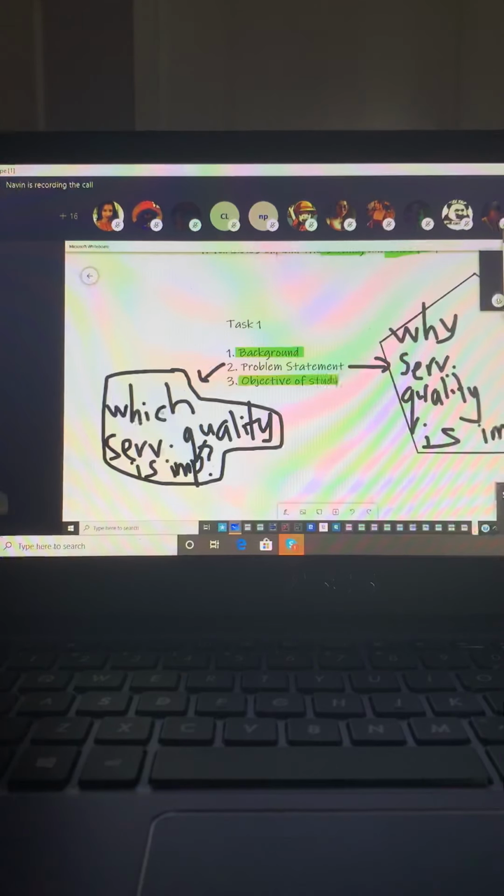So among the 5, which one is important? The first one is of course why service quality is important.